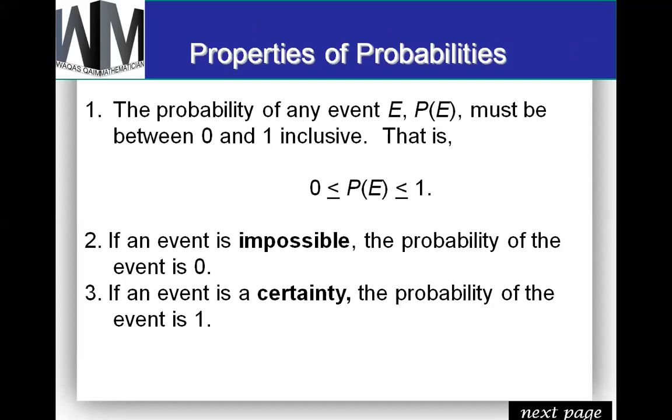So the probability of an event can never be more than 1, and can also never be less than 0, meaning negative. Now, if the event is impossible, the probability of that event is 0. And if the event is for sure going to happen, then the probability will be 1. So 1 is like 100% in probability.